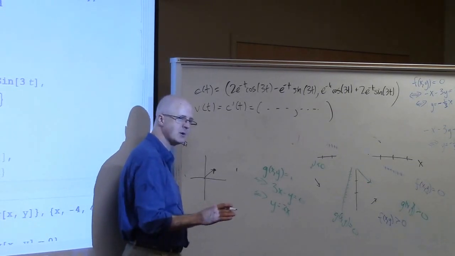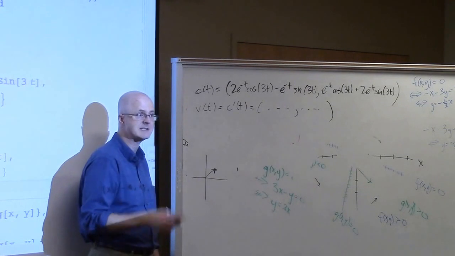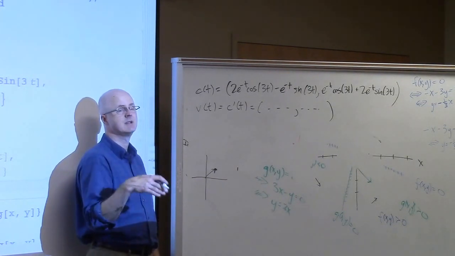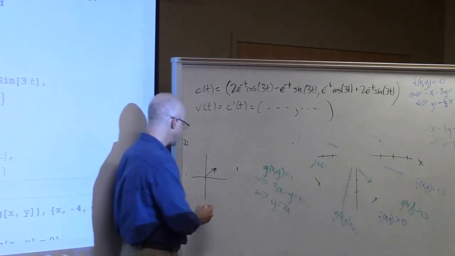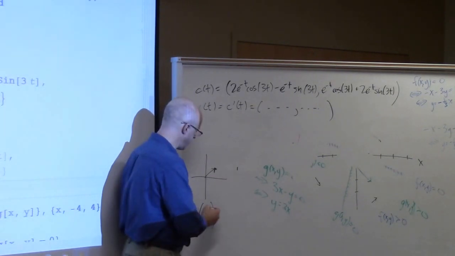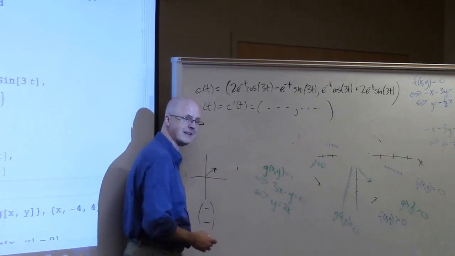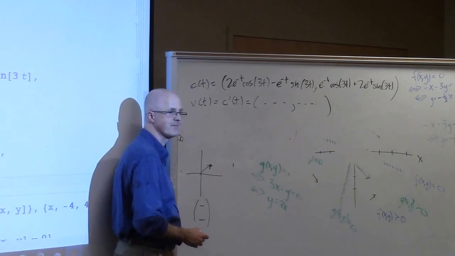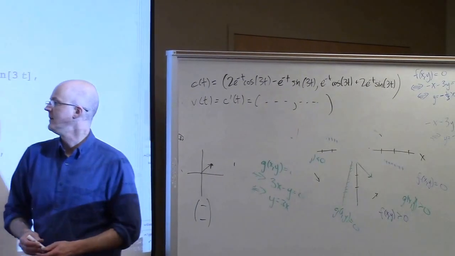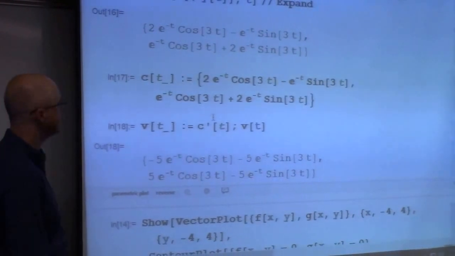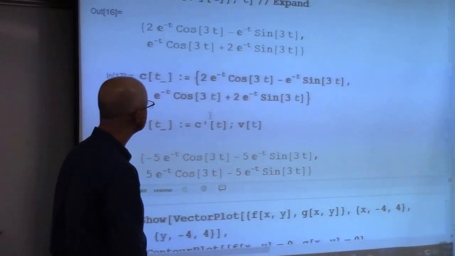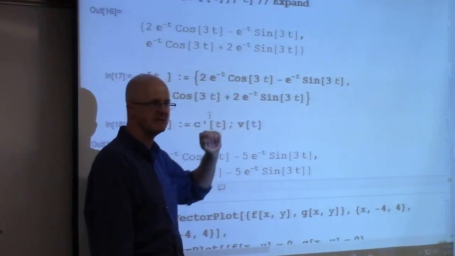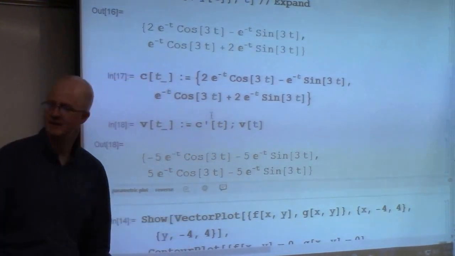We don't always use the same notation in other classes. Like in physics, you use the i hat and the j hat for vectors. In DiffyQ, we actually write our vectors in what's called column form. We write the first component and the second component in columns like that. But there's the calculation. You could do that by hand, I'm sure. You'd have to use the product rule and the chain rule with these things. It would not be super pleasant, but it could be done and simplified to this.